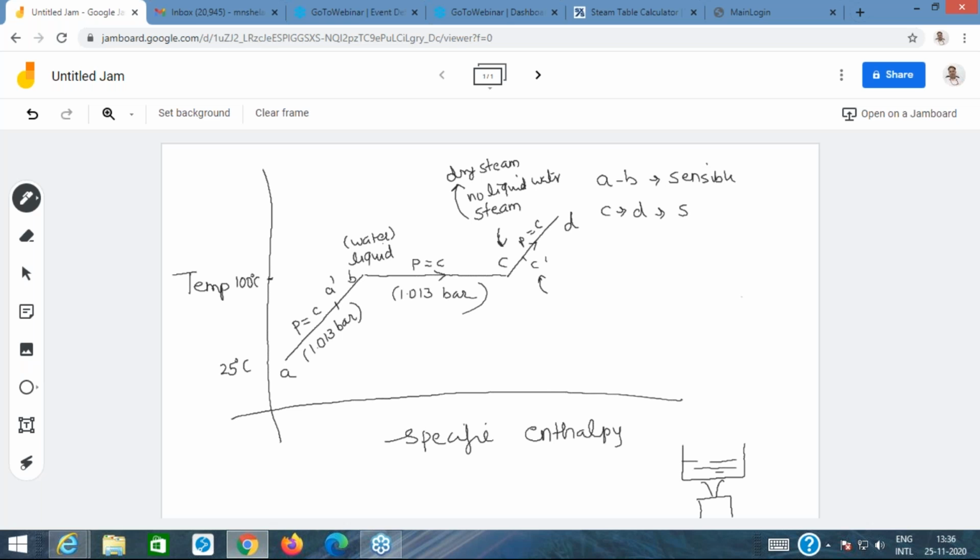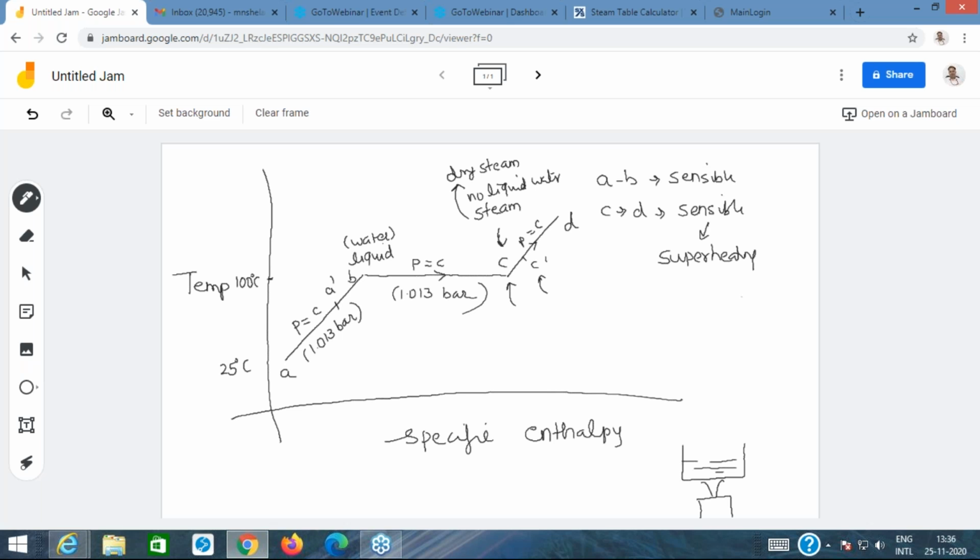But C to D is a special type of sensible heating because during this sensible heating, the steam becomes superheated. So C to D is superheating of the steam. Superheating means you are heating the steam beyond the boiling point.